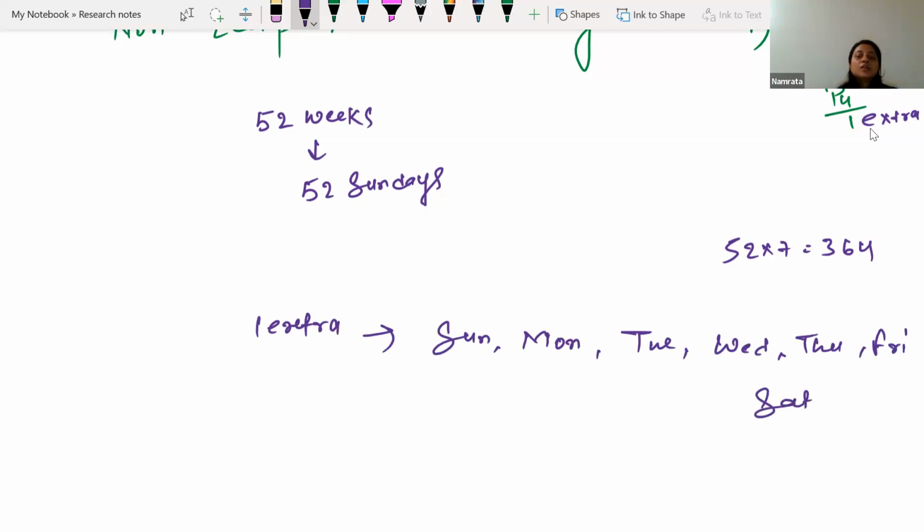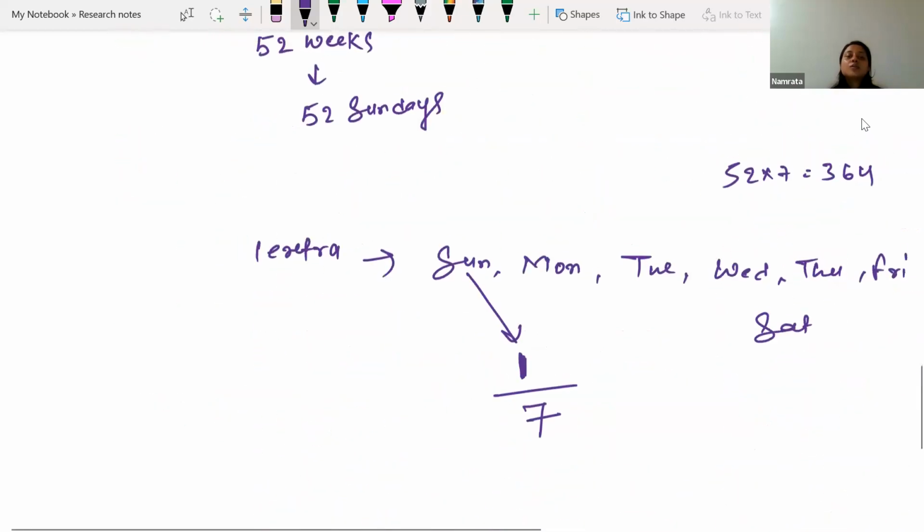These are the names of the days which can be that extra day, but what we need is Sunday. So out of 7 we need one. In this particular case, the favorable case is only Sunday. If that is the case, then we will have 53 Sundays. Yes or no?